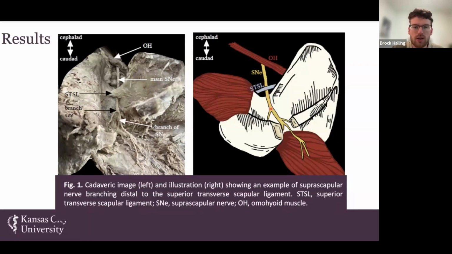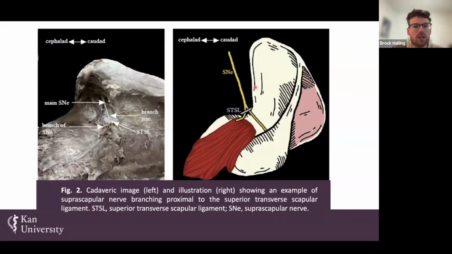So here, where there's no proximal branching, if you aim for the notch, you can assume that hopefully you'll get good nerve coverage. But here in our next figure, we see that there is proximal branching of this nerve before it passes through the notch under the ligament. So again, same orientation, just a slightly different angle. Supraspinous fossa, here's the spine.